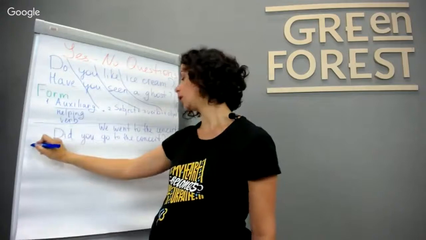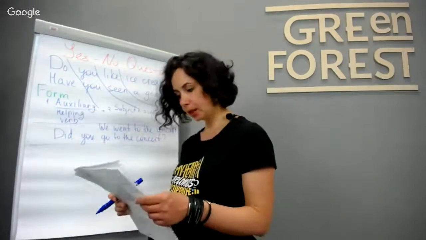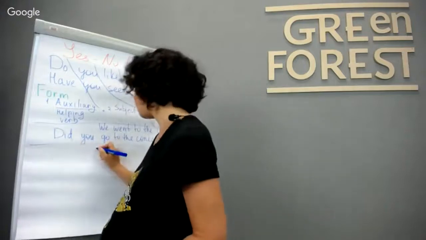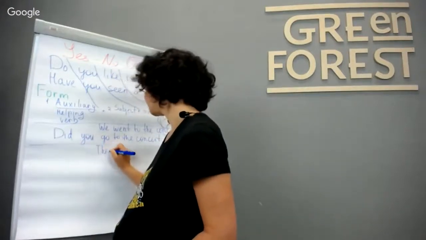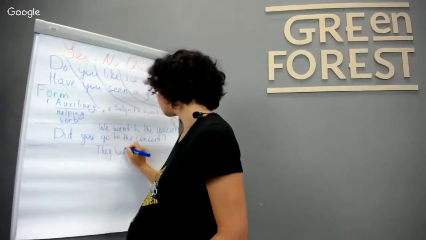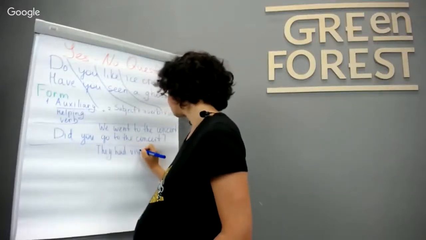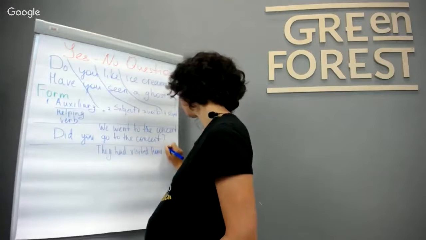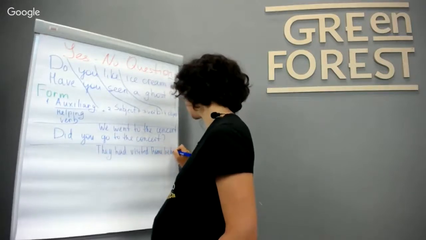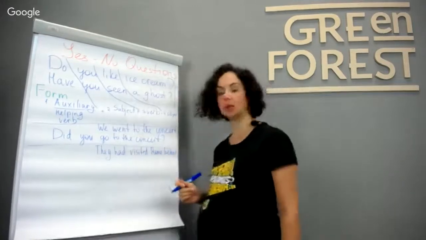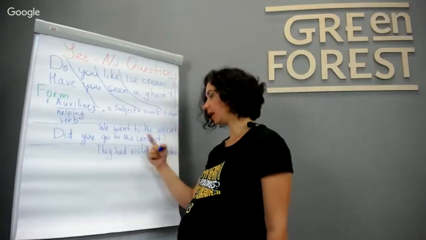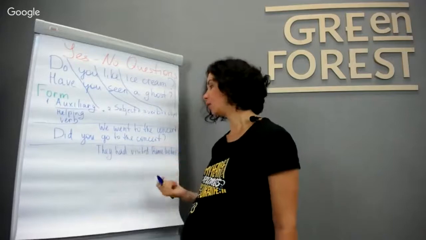Let's look at the next one. They had visited Rome before. From this sentence, we can understand that this is past perfect. In past perfect, the auxiliary verb must be had, which we can see over here.